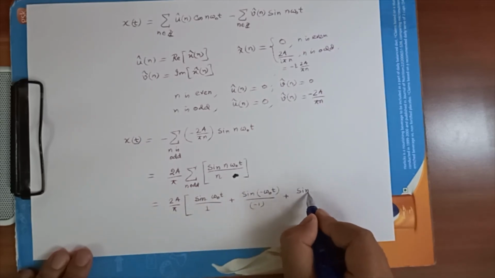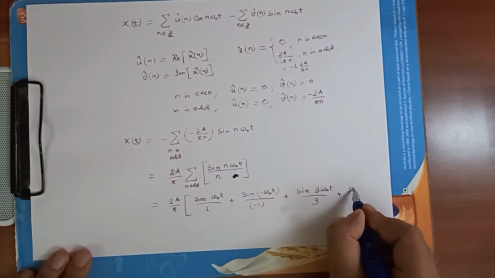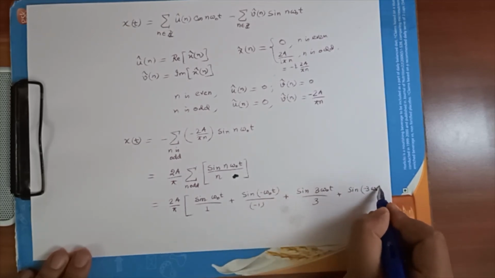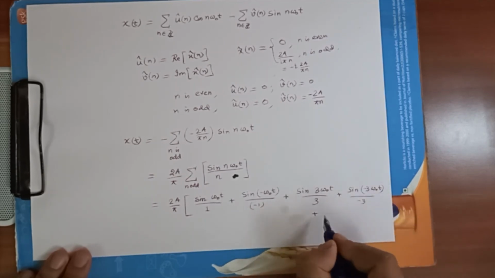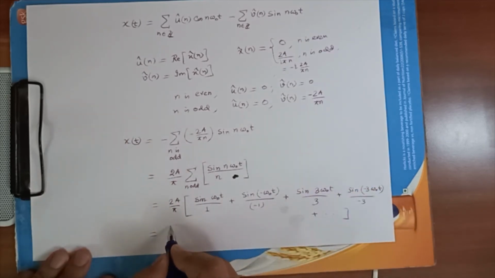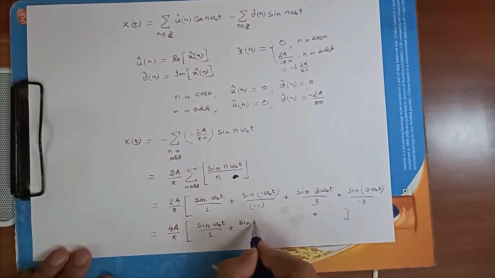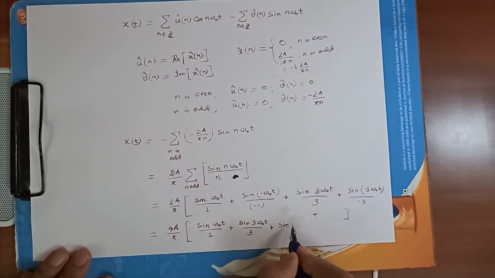Let me write a few more terms: sine 3 omega 0 t by 3 plus sine minus 3 omega 0 t by minus 3 plus dot dot dot. So from every two terms you will get a 2 outside. So you will get 4a by pi into, only for the positive odd numbers, sine omega 0 t by 1 plus sine 3 omega 0 t by 3 plus sine 5 omega 0 t by 5, and so on and so forth.